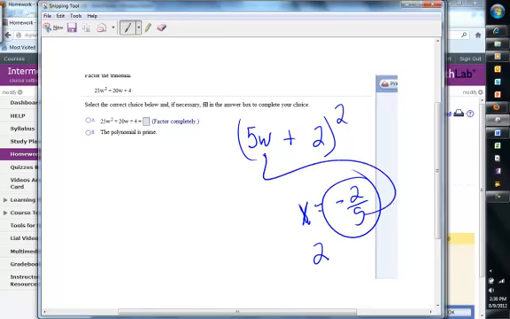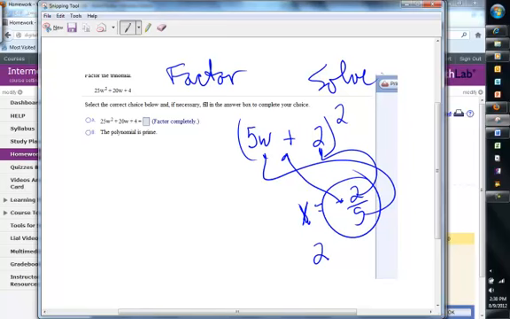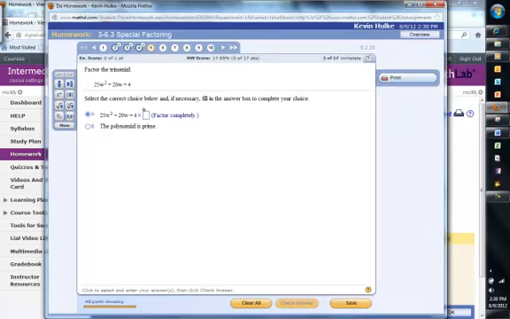This is the denominator, this is the numerator, and change this sign. Remember, that's the difference between factoring, which is what we're doing here, and solving, which is what your calculator is doing. So we would write parentheses, 5w plus 2, close parentheses, squared.